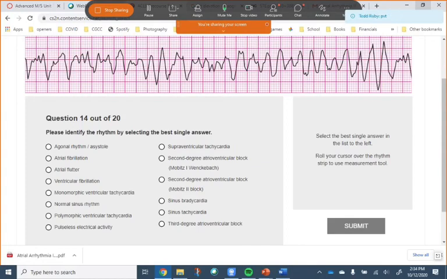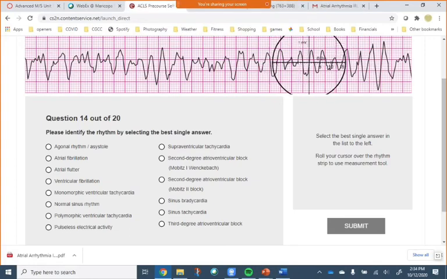It's either VFib or, no, it's not SVT because that's got a normal narrow rhythm too. So atrial fibrillation, atrial flutter, and SVT all have a normal narrow QRS. These have wide QRSs. There's nothing normal or narrow about any of these. They're all wide. So it's either a VTAC, which is regular, or it's a VFib, which is irregular.